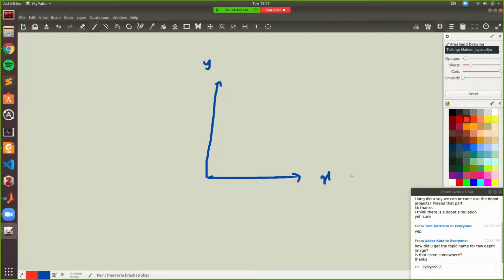And you have a lidar that is scanning with +45 and -45 angle, right? So its field of view looks something like this, right? +45 and -45. So it's scanning a region that looks something like this, right?